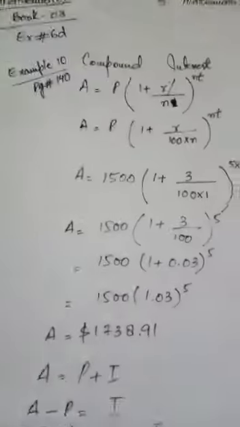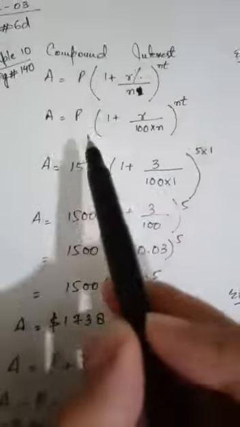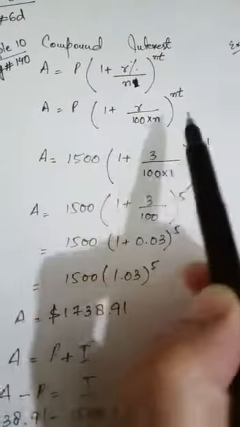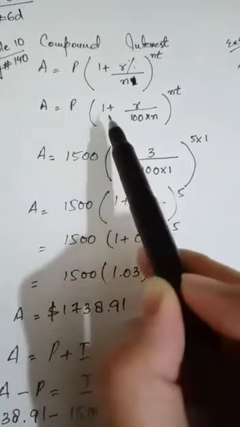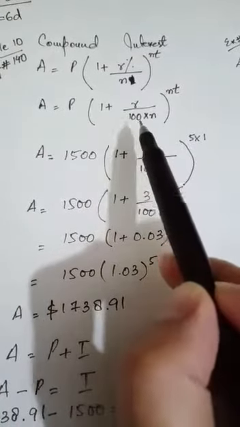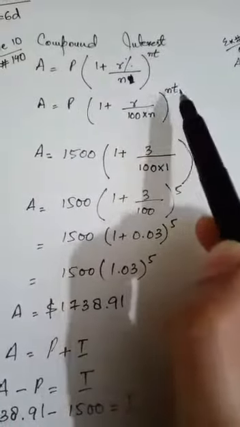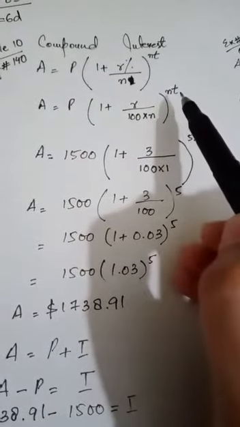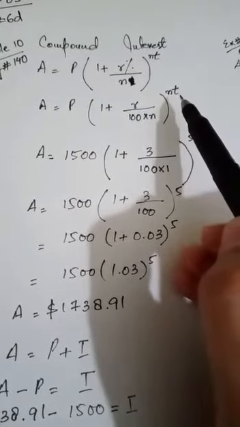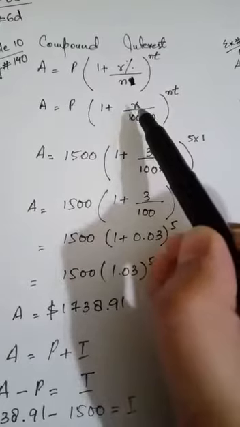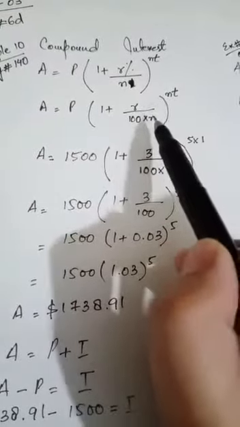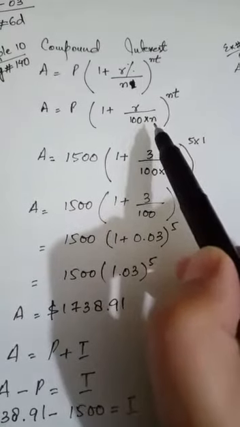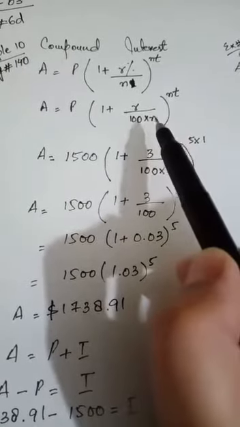I am again explaining this formula of compound interest. In the formula, amount is equal to principal into (1 plus r upon 100 into n) and the whole power is nt. This t is the time in years that will be given in the question. This r is the rate and this is the principal. What is the value of n? The value of n will be the compounding frequency given in the question.